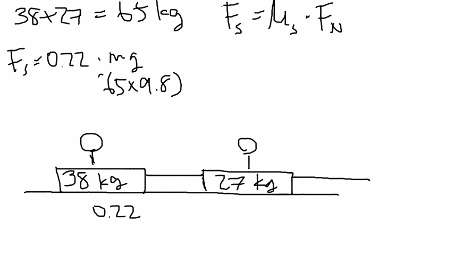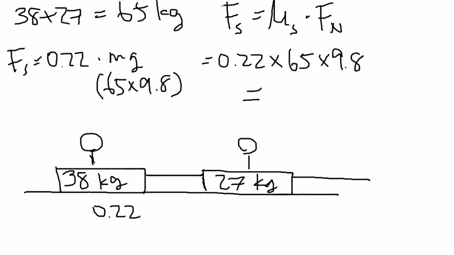So 0.22 times 65 times 9.8 gives us 140 newtons. Therefore, the greatest horizontal force that the adult can exert is 140 newtons.